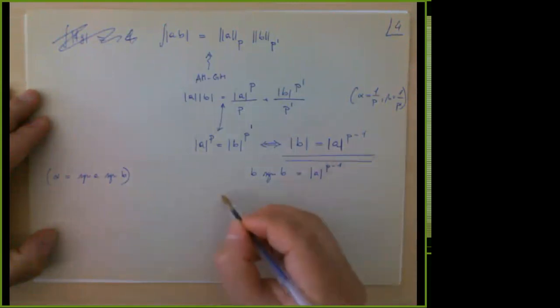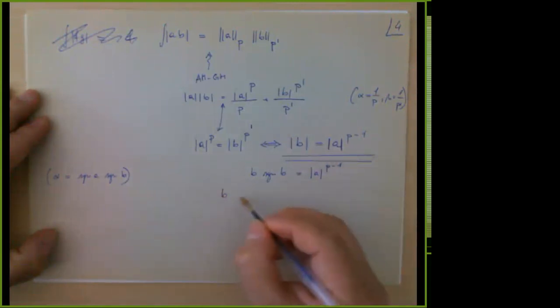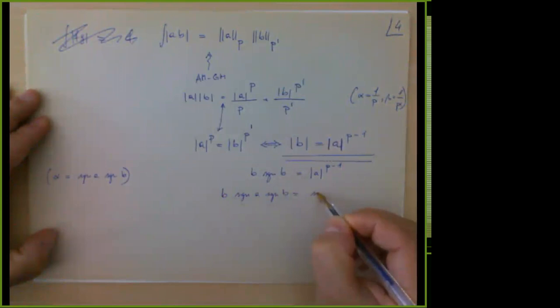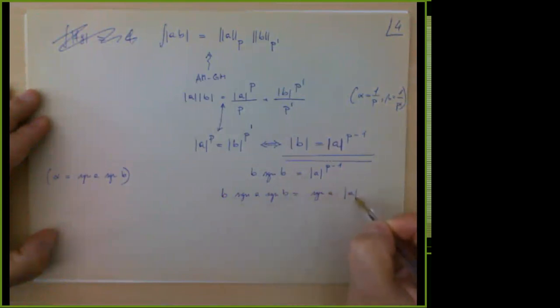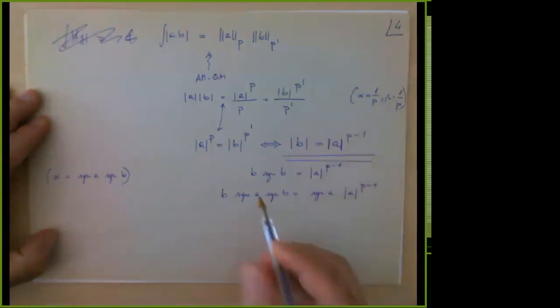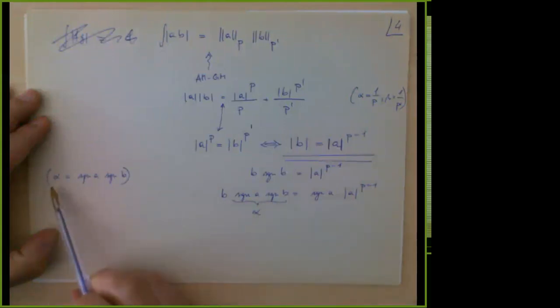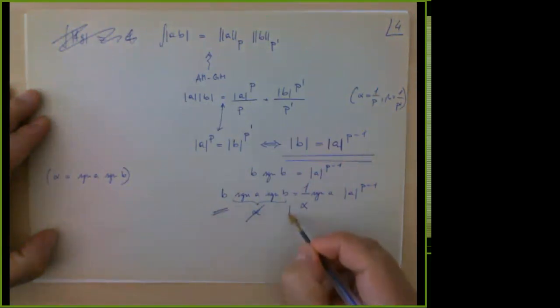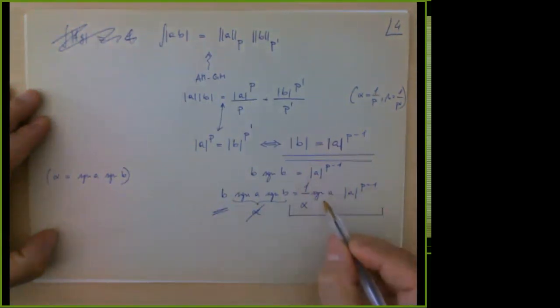So we would have B sine of A sine of B equals sine of A times A to the power P minus 1. Now we notice that this is equal to alpha. Alpha, of course, is either 1 or minus 1. Therefore, we can just bring it here as 1 over alpha, and we have found that B is equal to a constant multiplied by this. Okay?